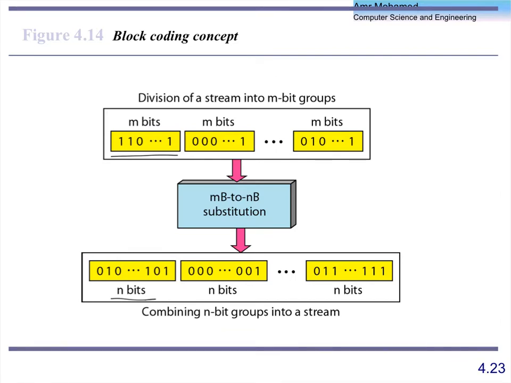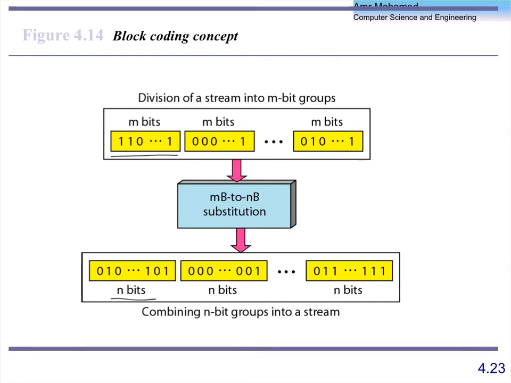And we try to avoid, of course, all the cases when we have 5 ones or 5 zeros. These combinations, we will not use them for mapping. Because we have 32 combinations, right? So we can eliminate 16 of them and use the other 16 that have a nice feature in terms of the number of ones and the number of zeros. So we try to enhance or increase the alternation in the bits. So this is the main idea of block coding in particular. Okay?